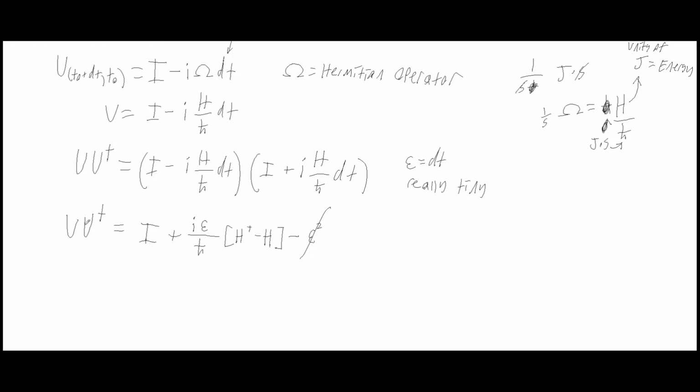Well, we've already said that U times U dagger is equal to the identity. So this here has to be 0. We know that this isn't 0, and so this must be 0.